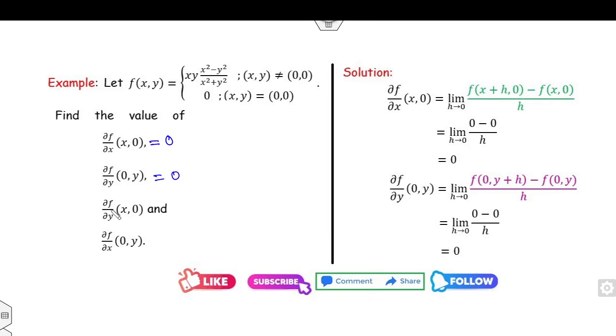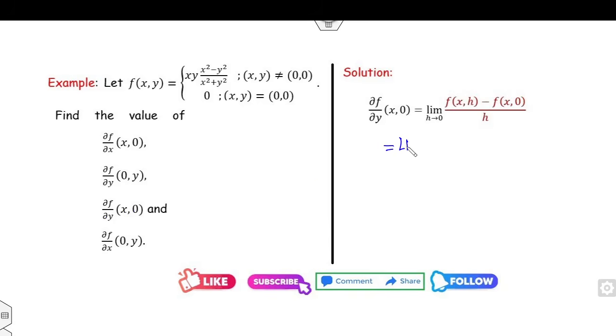This answer is 0. Now look at this definition. How can you write this value again? Limit, now it's y, so that means h approaches 0. I can fix the value of x. Now I can vary the value of y. So y is 0 plus h and 0. The difference is h. Now you can substitute this value. It is the limit as h approaches 0 of f(x, h), so that will be x into h, times x square minus h square, divided by x square plus h square, minus f(x, 0).